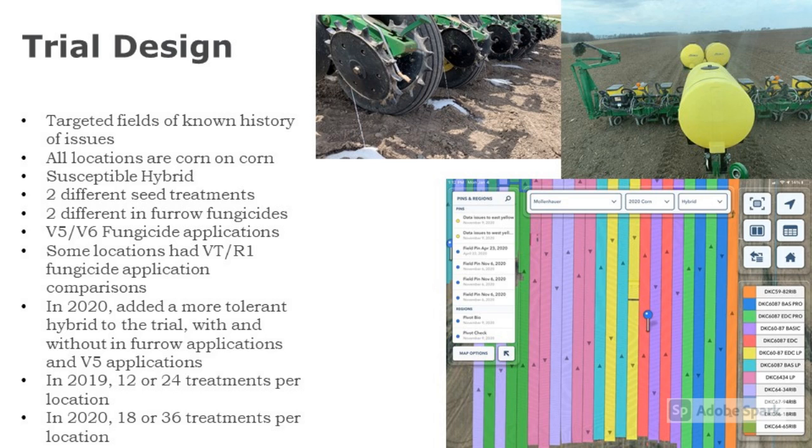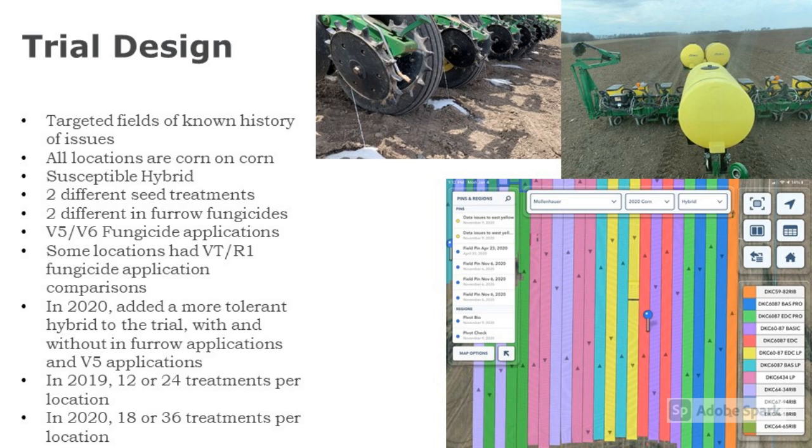Each hybrid and seed treatment combination got 2 different in-furrow fungicides used. Then we came back in on some of the passes and made a fungicide application at V5 or V6. And then occasionally some of the locations did have a VT/R1 fungicide application for comparison as well.